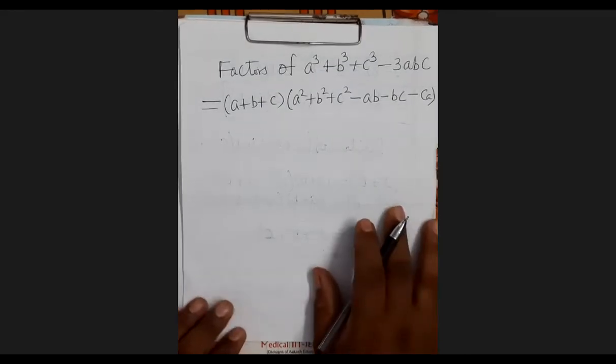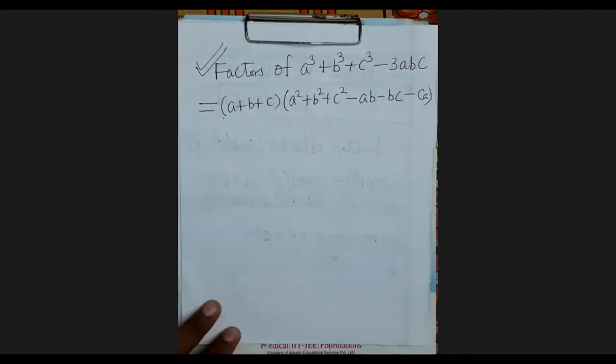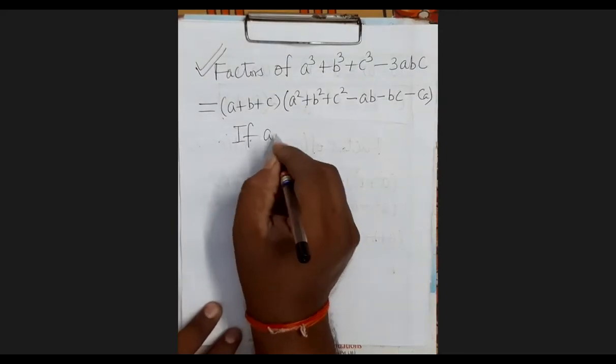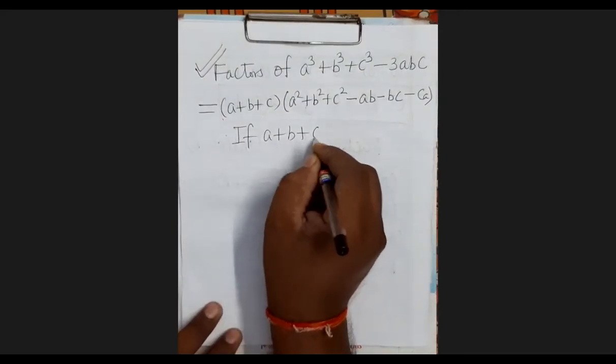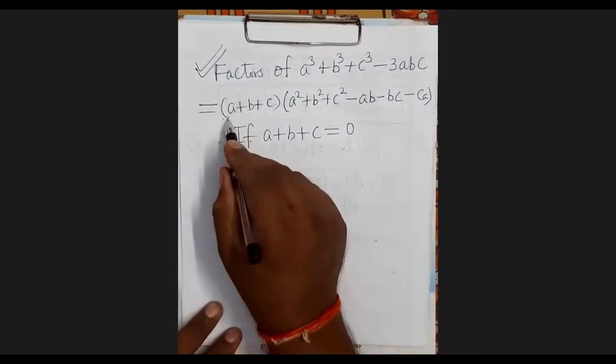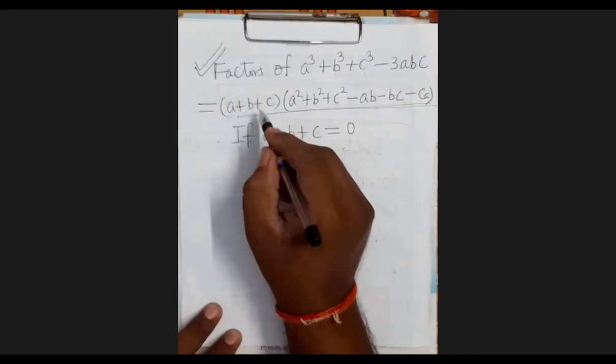Now there is one very important result which has been deduced from this. Suppose A plus B plus C equals 0. When you substitute here, this side will become 0 because this factor is now 0.